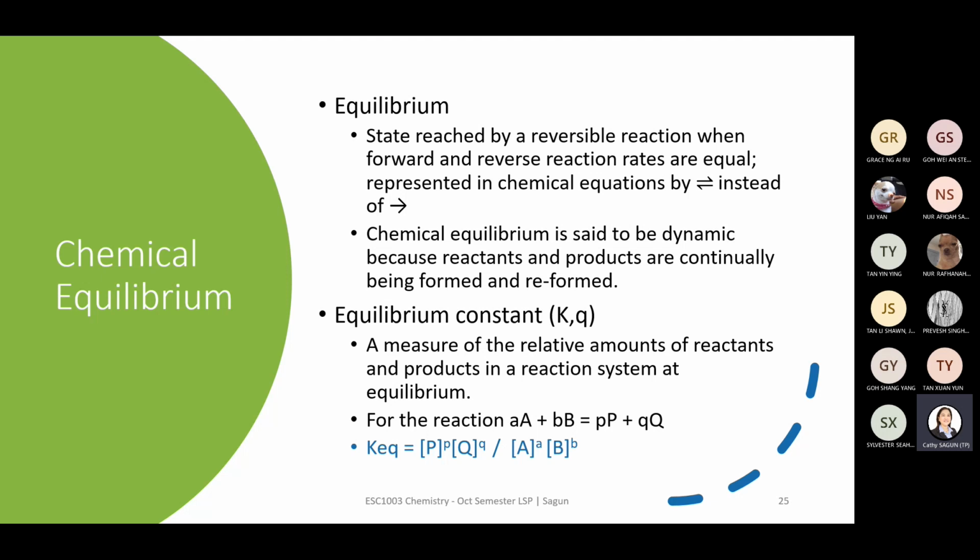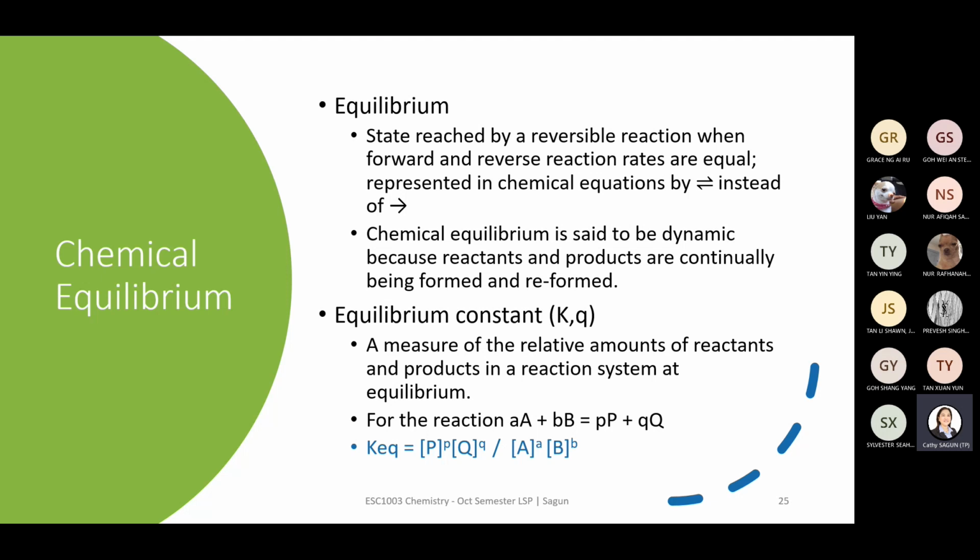It is represented in the chemical equation with the double arrow instead of the normal single arrow that we use in most of the equations. So whenever you see the double arrow, it means it's reversible. The reaction can go forward and backwards, unlike the other one, which always goes forward to produce your products.